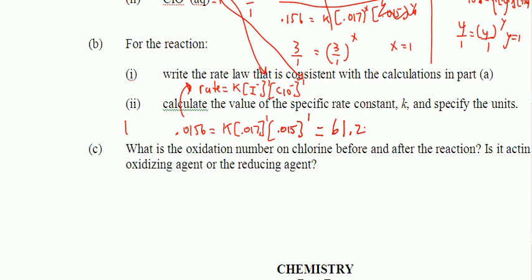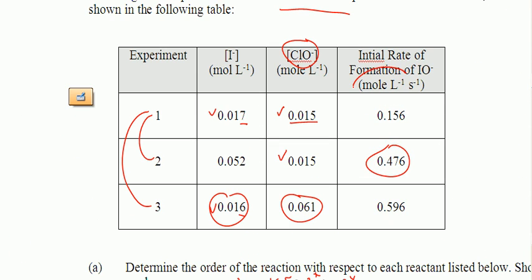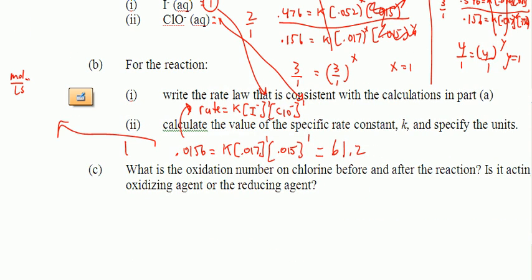And now we've got to find the units on k. So I'm going to go over here and do the units on k. We know that rate is given in moles per liter per second. That is right here. And these are all moles per liter. So it's equal to k times moles per liter to the first over moles per liter to the first. So moles per liter second equals k times moles squared over liters squared.